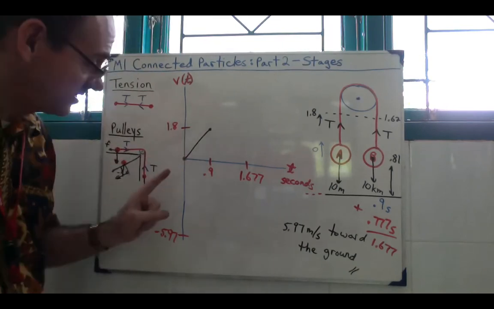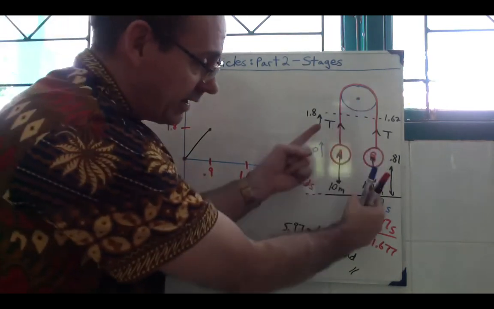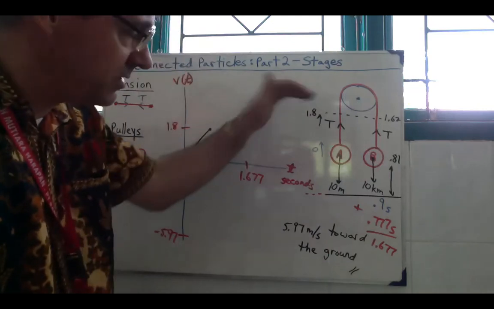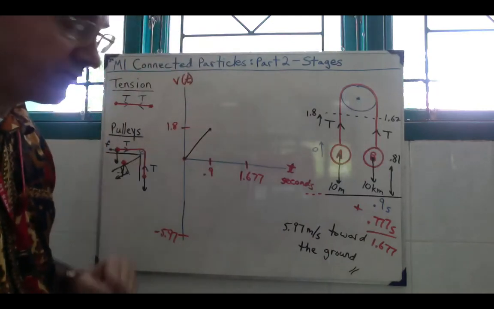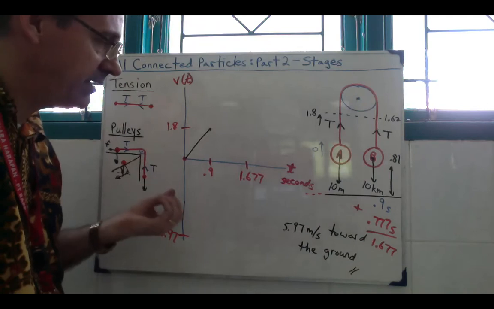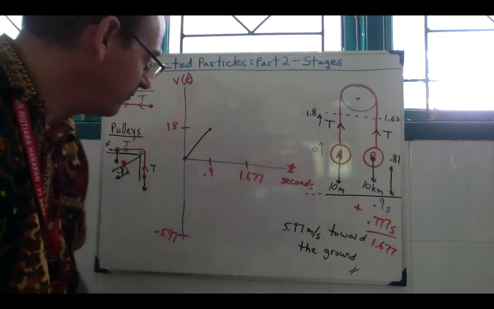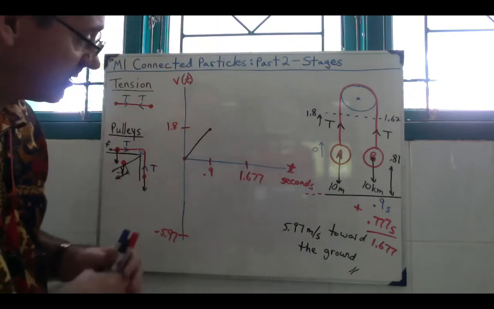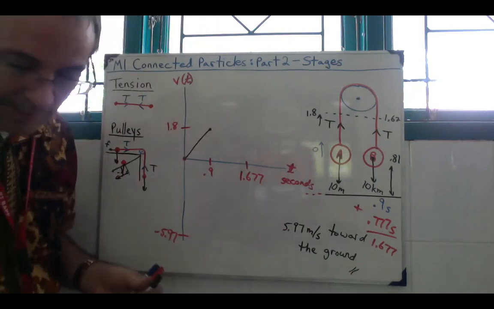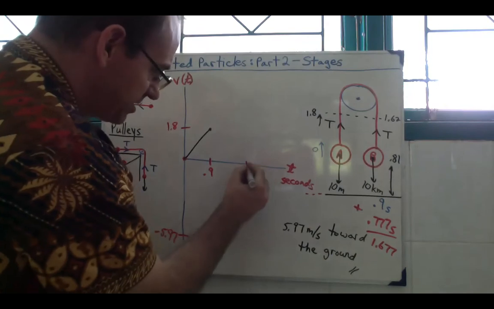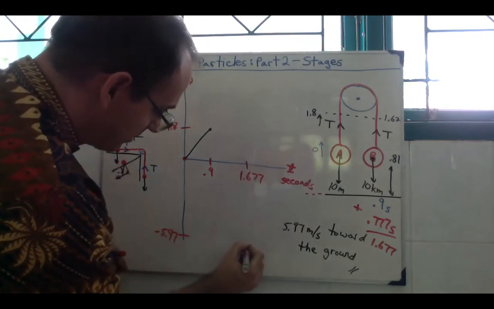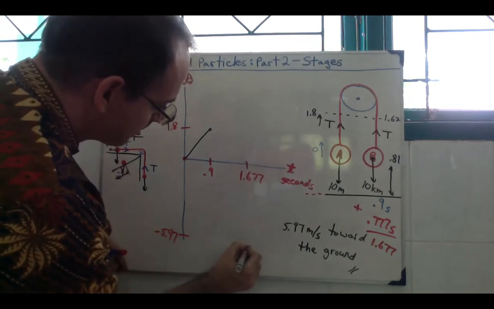And so it was a constant acceleration all the way until B hit the ground. A is now up here, and the string breaks, which means A is now under the influence of gravity, and gravity starts pulling it back down, and it reaches the ground at this point here.